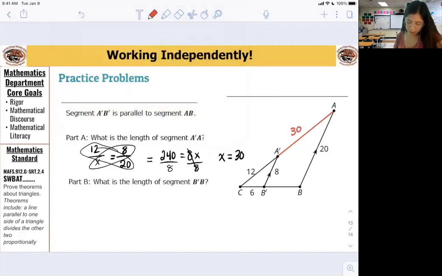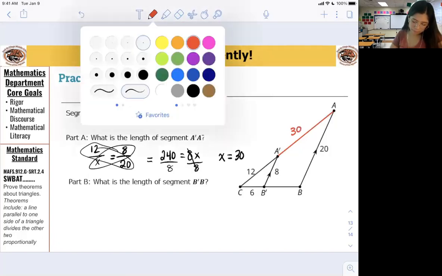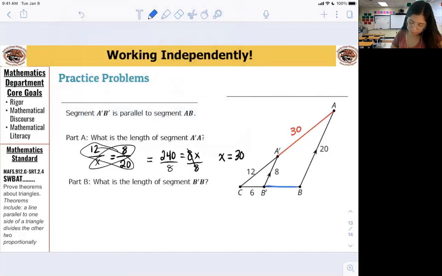How about B prime? What proportion can I set up here?